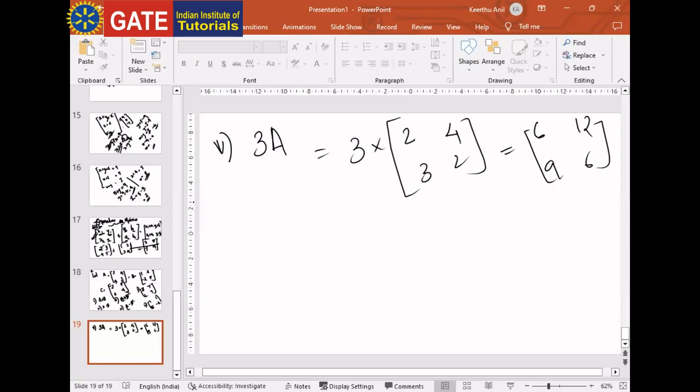Clear, na? So if I ask you to find 3A minus 2B, you'll be able to find it, na? Find 3A, find 2B, go for subtraction. Okay? Just try doing it. If you have some doubt, please answer.